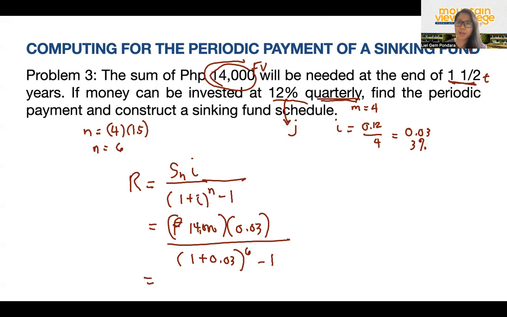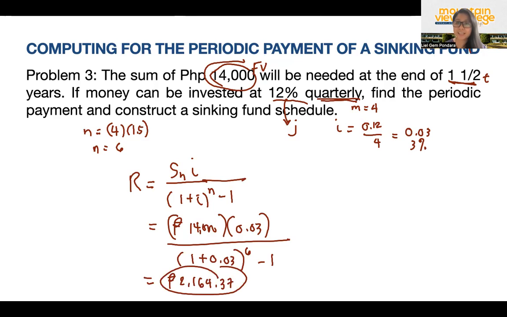What will be our regular payment? What's the periodic payment in the schedule? $2,164.37. Very good. This will be the amount to be paid every quarter.